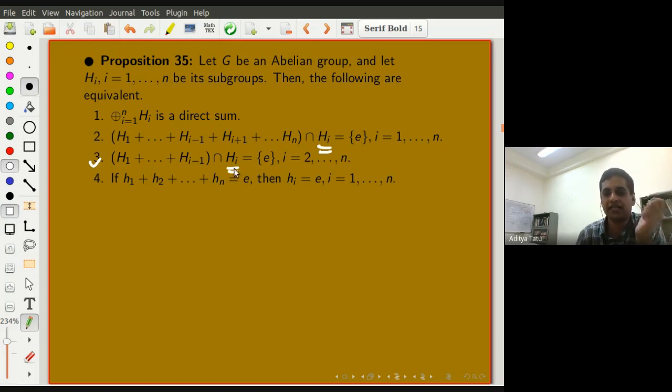Take any Hi, and in the order in which we have named the subgroups, take all subgroups previous to this Hi and compute their direct sum. If the intersection of this sum and Hi is equal to identity for all i, then the sum of these n subgroups is also a direct sum.